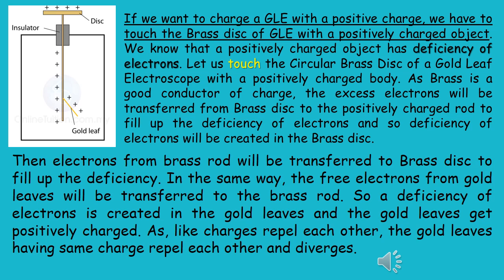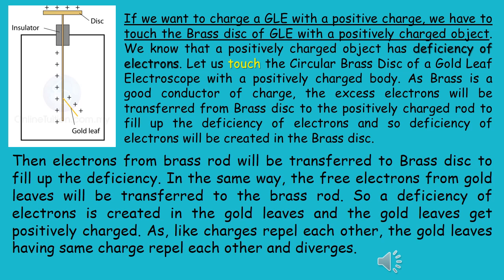The moment it is touched, as brass is a good conductor of charge, the excess electrons will be transferred from the brass disc to the positively charged rod to fill up the deficiency of electrons, and so the deficiency of the electrons will be created in the brass disc. Then the electrons from brass rod will be transferred to the brass disc to fill up the deficiency.